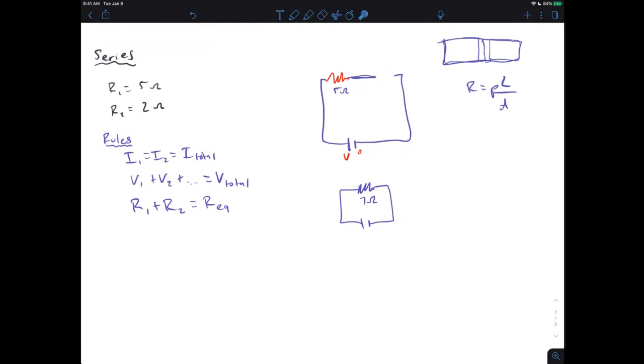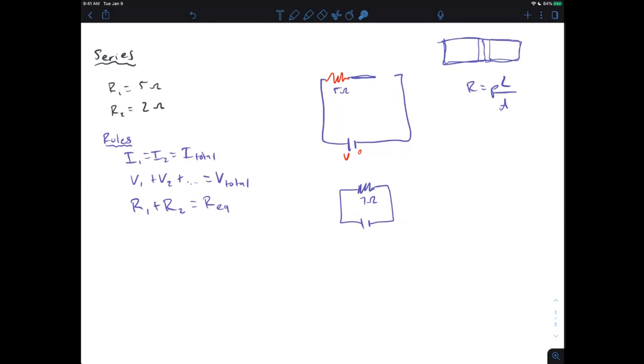If my resistor is broken, or if I took it off and don't connect these two, then my current completely stops. So in series, if you remove one resistor or disconnect it, the whole thing turns off. You can think of those old Christmas lights on a string.